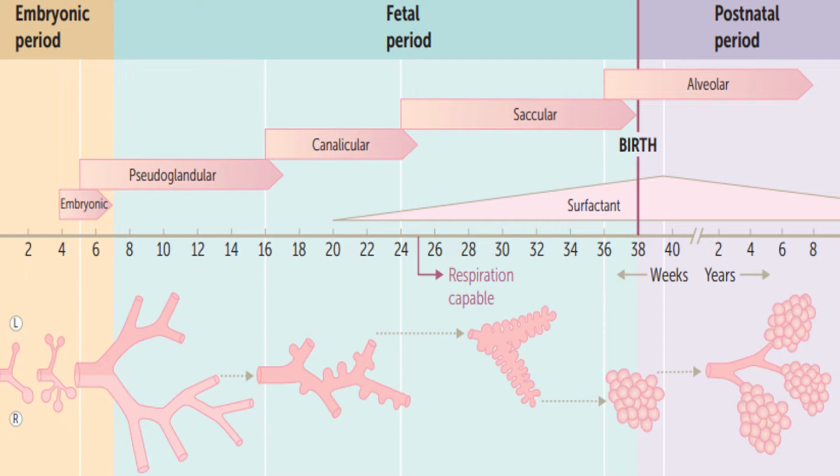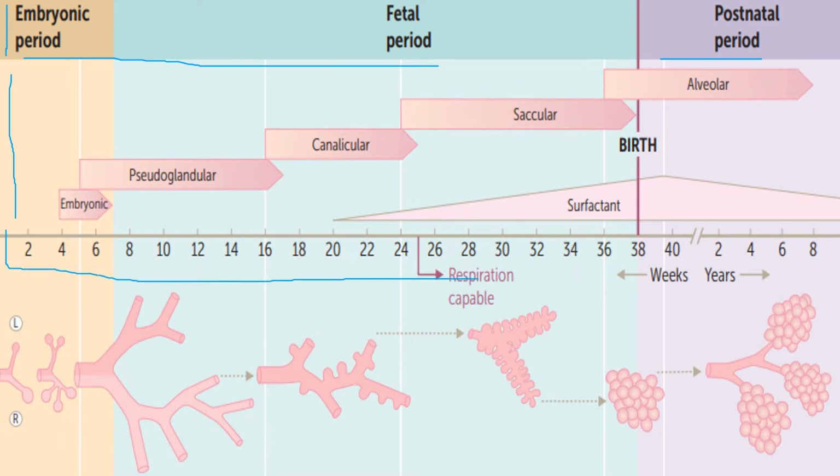In this image, you can see the fetal development in prenatal period and postnatal period. Here you can see the stages of lung development, and this is the time bar which is represented in weeks until birth or in uterine life, and after that in years after birth.